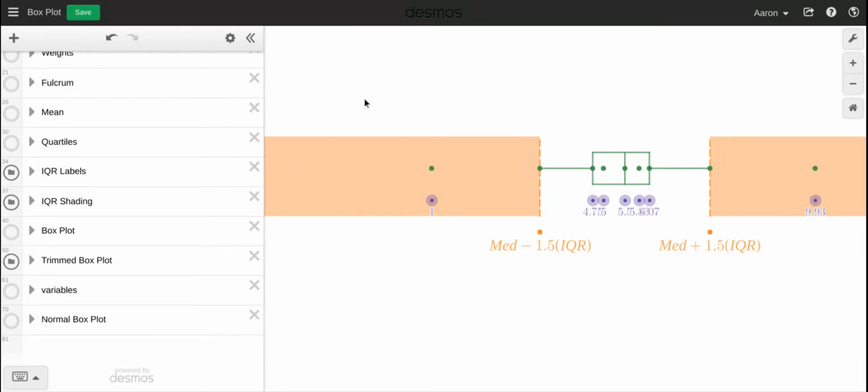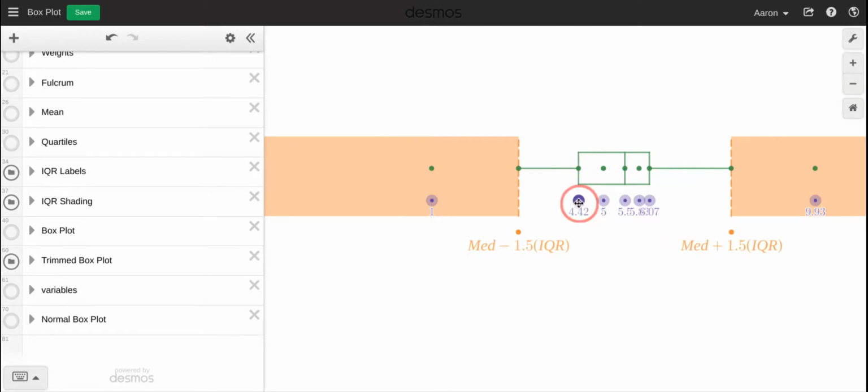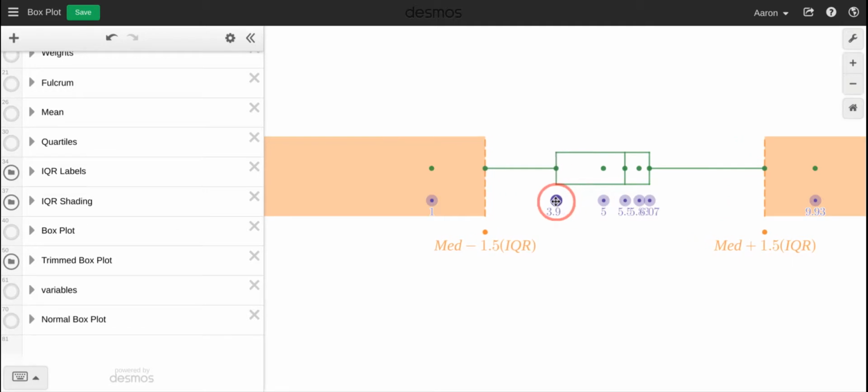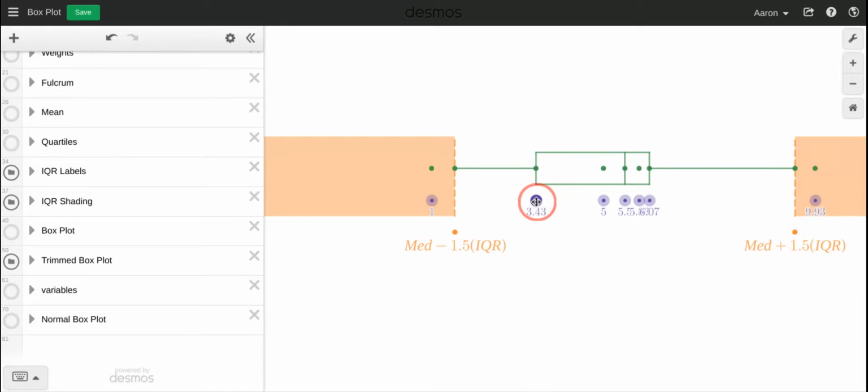Now, one of the things that this dynamic graph will let students do is explore what will happen as they change values. So if I change this value, I can see my interquartile range changing, and I can see the boundary of what constitutes an outlier changing.